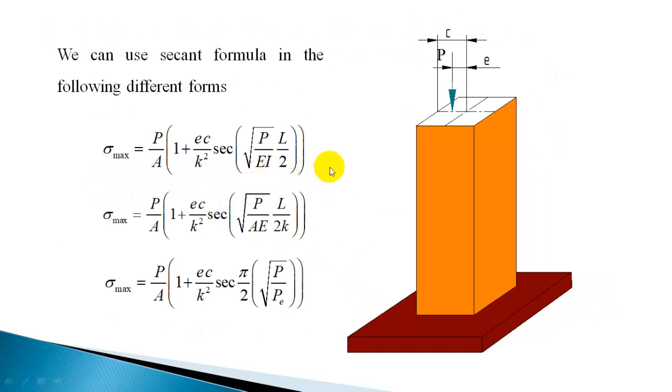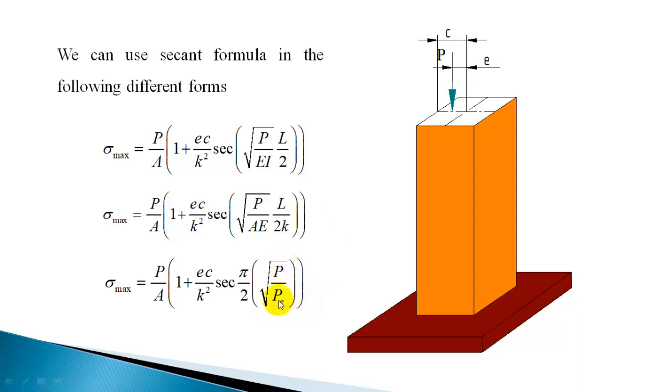And this secant formula may be written in a different form. This is the one which I have shown in the previous slide, and it can also be arranged where I is A k square. If you replace I as A k square, k square will come out of the root and you will get L by 2k. So you can also write in this form, and also you can write in terms of Euler's buckling load, P by PE.